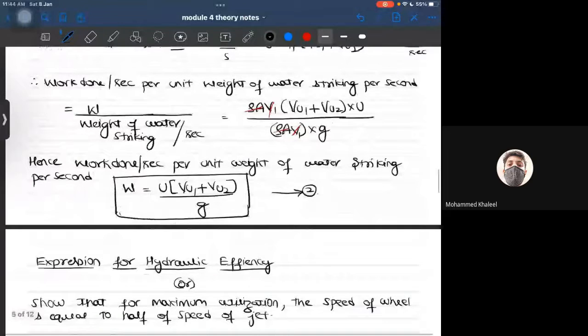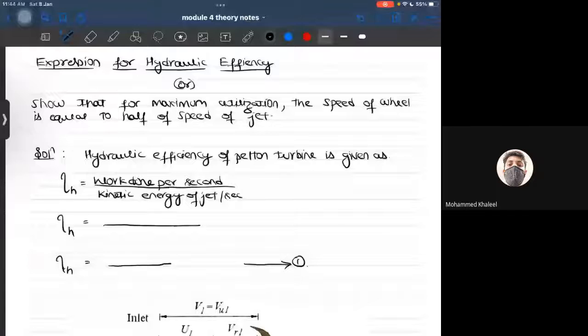Okay. Next is the expression for hydraulic efficiency. You can have a question in an examination stating: derive an expression for hydraulic efficiency, or show that for the maximum efficiency, the speed of the wheel should be equal to half the speed of the jet.